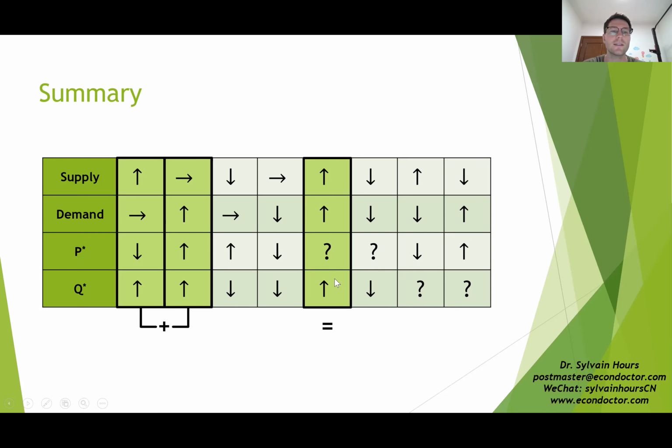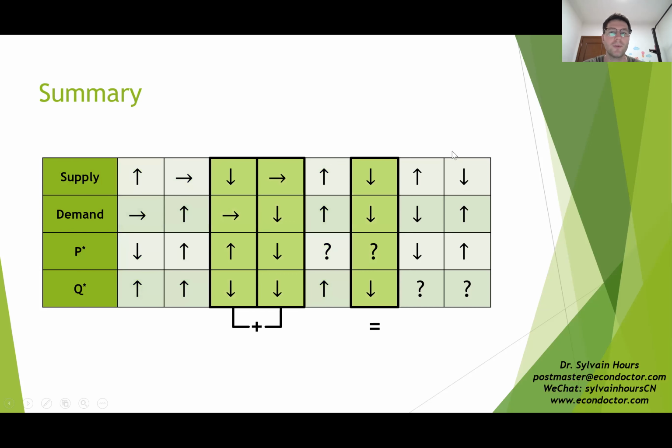This is the combination of these two changes, an increase in supply and an increase in demand. It's clear that the quantity increases in both cases, so overall the quantity increases, but in one case, if you increase supply, the price decreases. If you increase demand, the price increases.